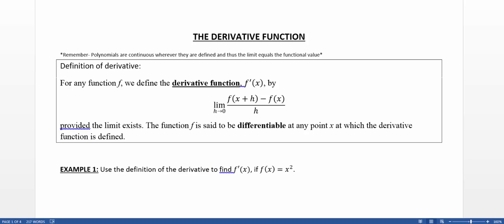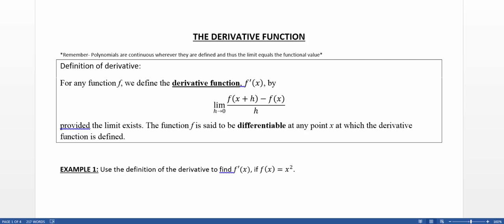So that's really helpful for us because that means if we're taking limits and we're looking at a polynomial term, so polynomials are things like x squared, x cubed, or whatever variable you're going to be using, if the function itself is continuous, then we can plug the value in. Because it's continuous, it will be equal to the limit so that we don't have to do all the tedious calculations of small numbers. So let's start with the algebraic definition of the derivative function.